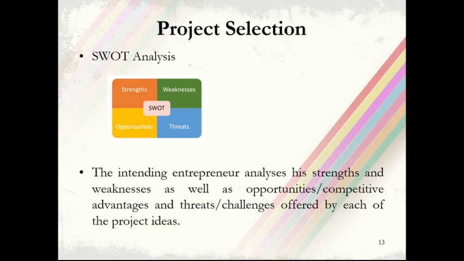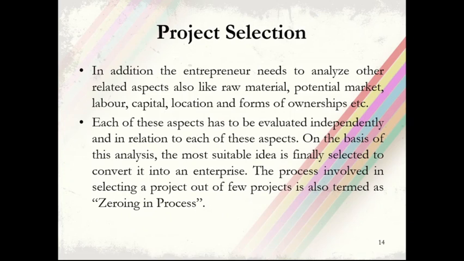In this way, a continuous back and forth process takes place. Finally, the most suitable idea is selected to convert it into an enterprise or project. The process involved in selecting a project out of a few projects is also called the zeroing in process.